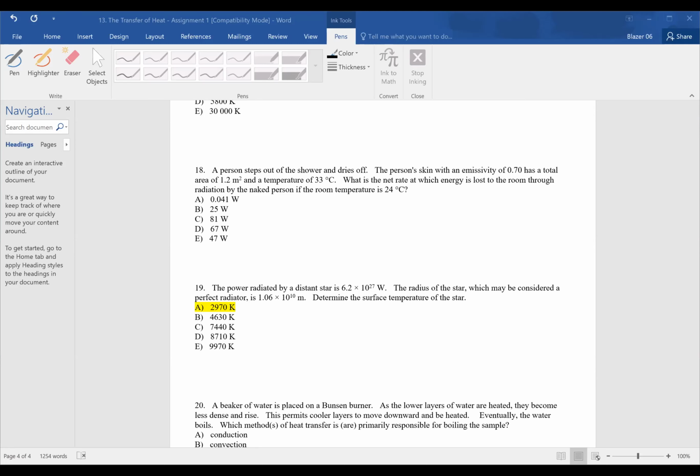This is angular motion equations, density, pressure, temperature conversions, heat exchange, all the way down to where we are now with heat transfer. So I will begin now to review so that come Thursday, you won't have as many questions.